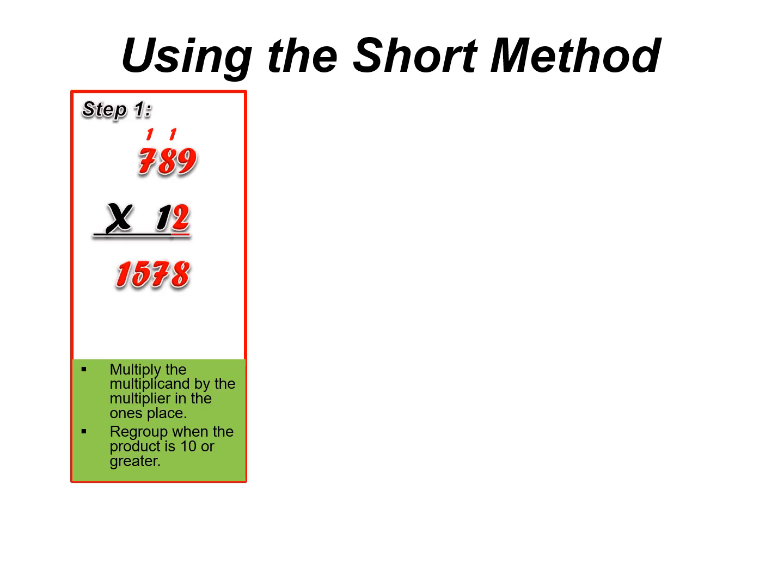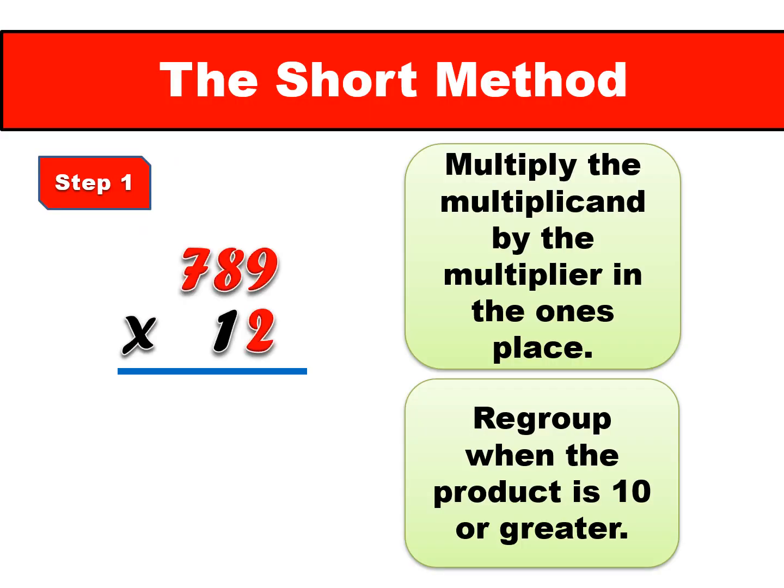Step 1. Multiply the multiplicand by the multiplier in the ones place. Regroup when the product is 10 or greater. 2 multiplied by 9 is 18. We will regroup 18, bring down 8, regroup 1 in the tens place. 2 multiplied by 8, 16, plus 1, 17.